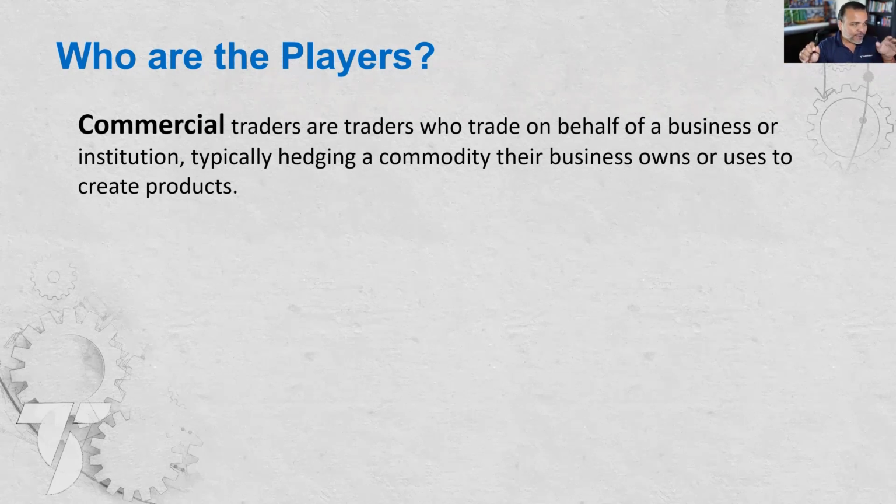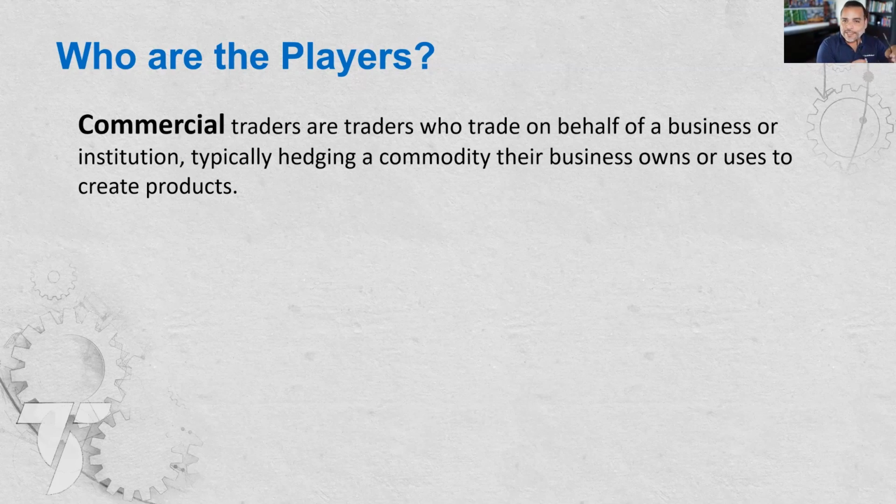These are traders that have an interest in the commodity itself. They're hedging their businesses by trading the futures market. But what interests these traders most is not really the performance of their futures contract, it's the performance of their business, which has to do with the commodity.